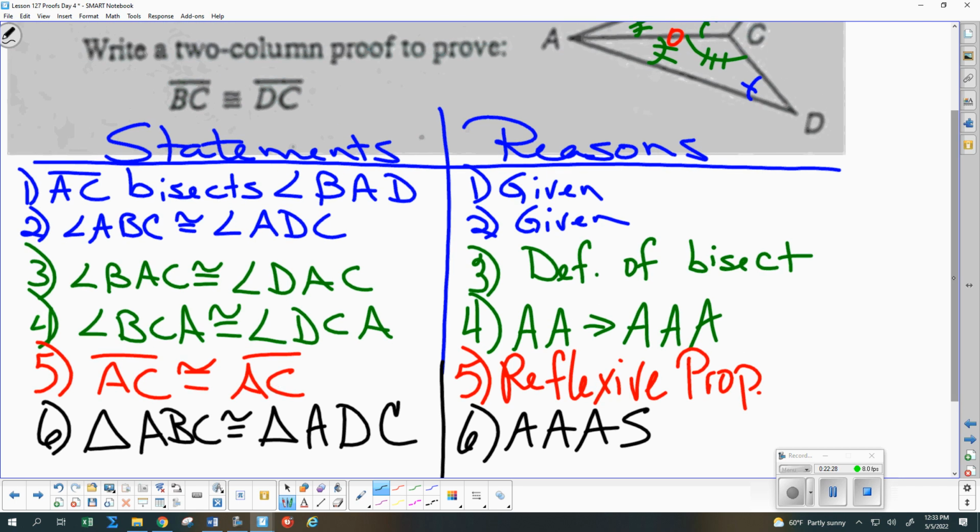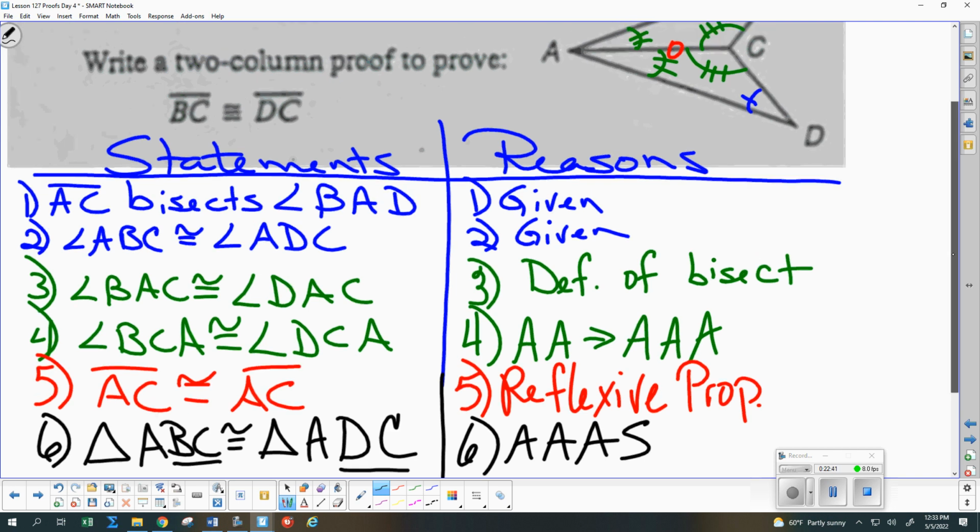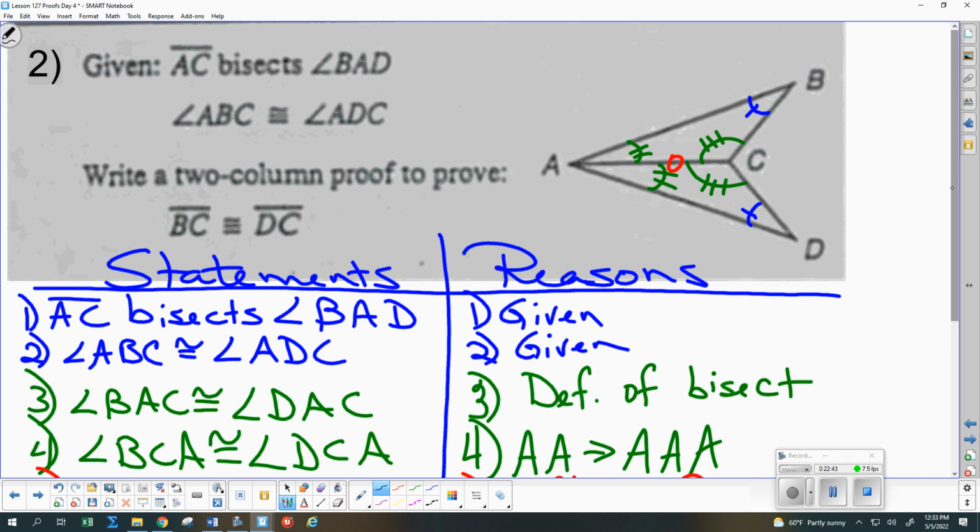So will BC and DC be corresponding sides of those triangles? Because that's what we want to show. One way of saying it is they're second, third letters, so yes, they're corresponding sides. Another way is BC is across from 2 tick marks, and so is DC across from 2 tick marks.